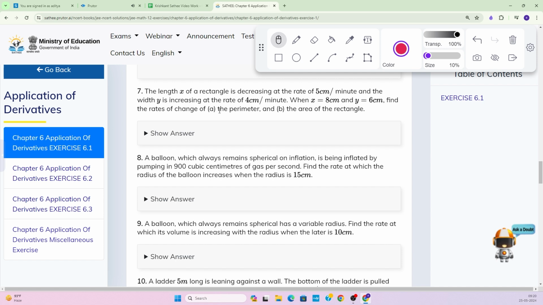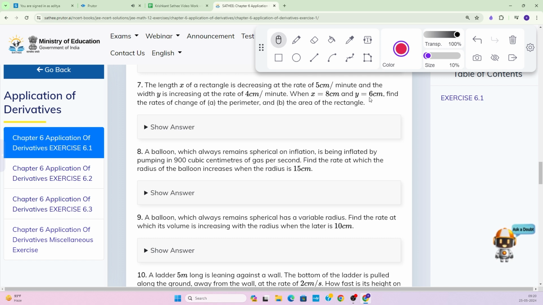So dx by dt is minus 5. This minus shows decrement in rate, and dy by dt is plus 4, or just 4. This plus denotes the increment.